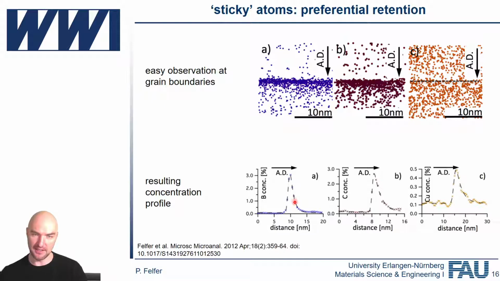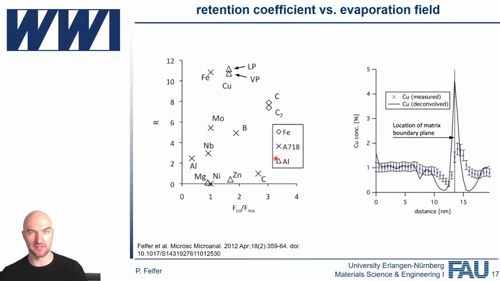And this tail here, that's always coming from this retention. You can see that, for example, the boron has a different retention function than the carbon or the copper in the aluminium. But this retention function is obviously convoluted with the real distribution of the element. So in this case, the analysis direction was always downwards. So it's getting retained there.